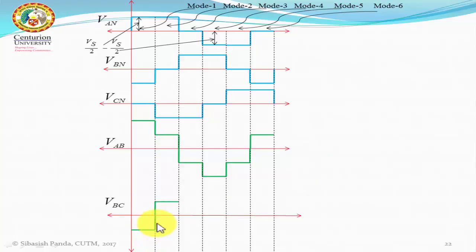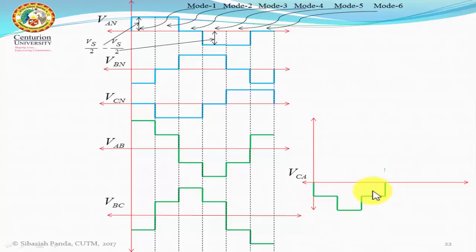Similarly, BC: minus Vs by 2, plus Vs by 2, then Vs, then plus Vs by 2, minus Vs by 2, and minus Vs. Similarly, we can draw for CA: minus Vs by 2, Vs, minus Vs by 2, then plus Vs by 2, plus Vs, plus Vs by 2.